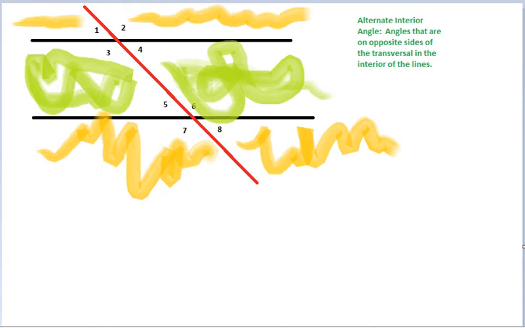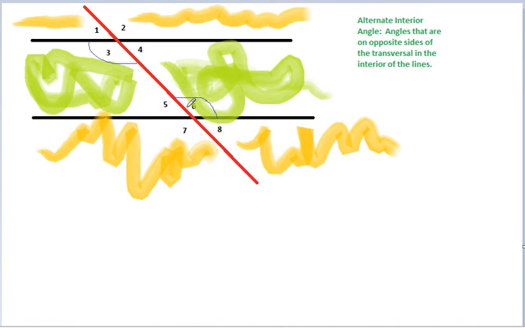So an example of alternate interior angles would be, for instance, angle 4 and angle 5. Those both lie on different sides of the transversal, and they are both on the interior. So that would be an example of alternate interior. Another example would be angle 3 and angle 6.